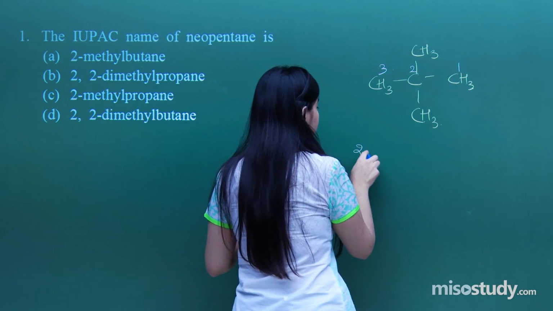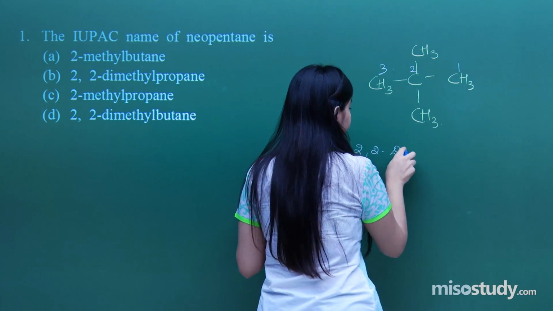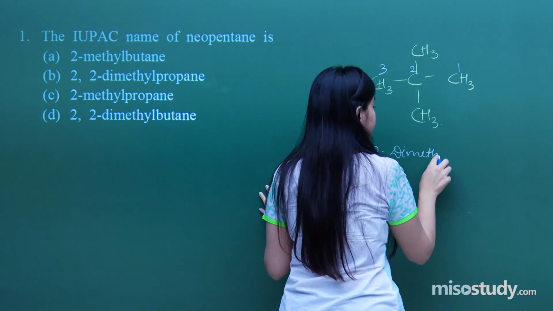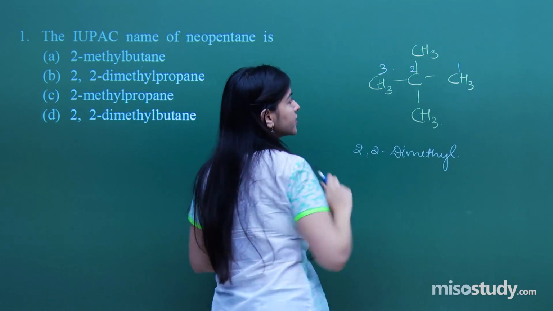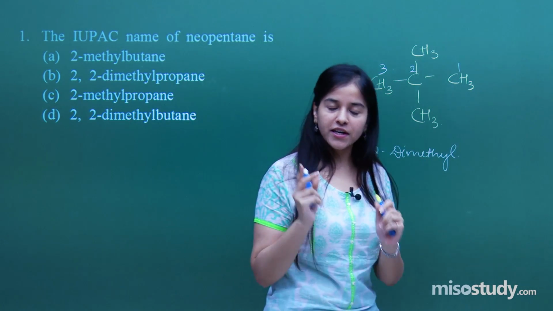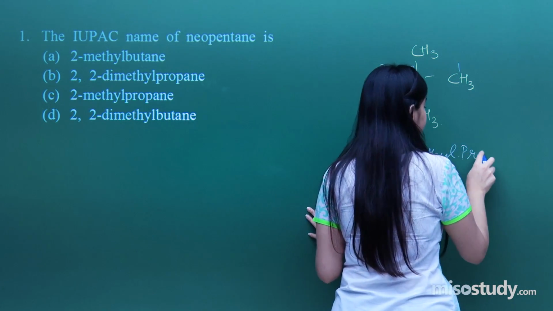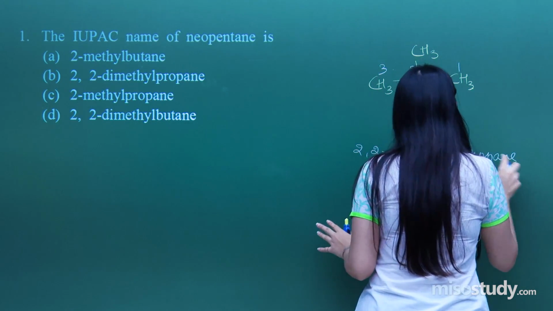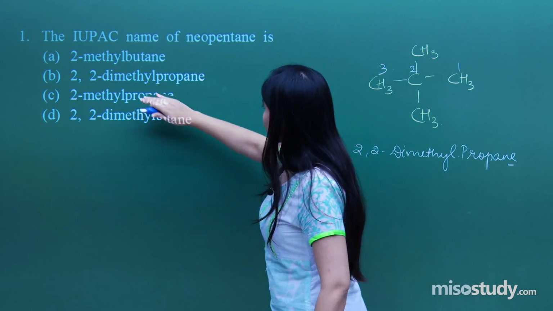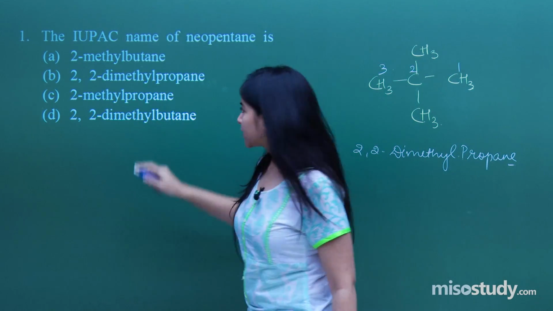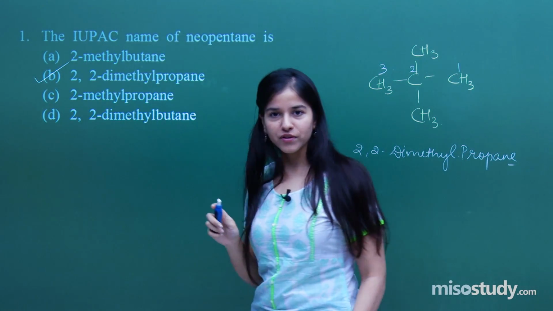So it will be 2,2-dimethyl, and we have a chain of word root of 3 carbons, that is propane. So 2,2-dimethylpropane is the answer. Do we have a similar option? Yes, we have got it. So the answer is B over here.